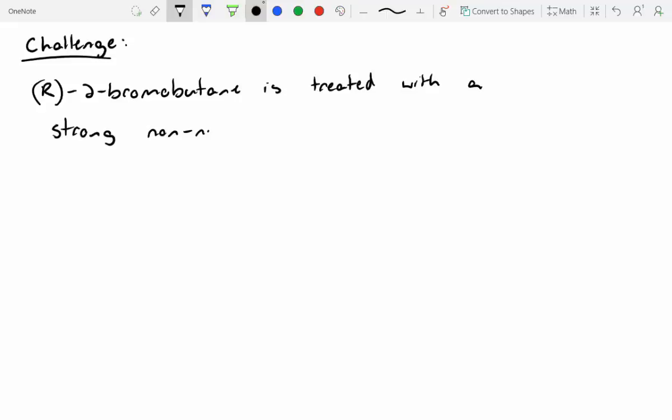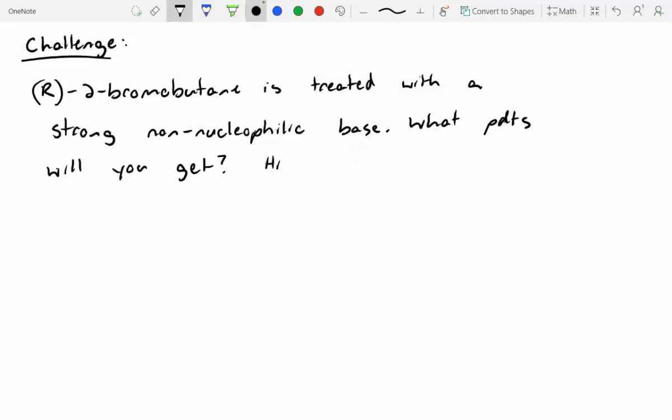A strong non-nucleophilic base. What products will you get? And I'll give you guys a hint. There are 3 products.